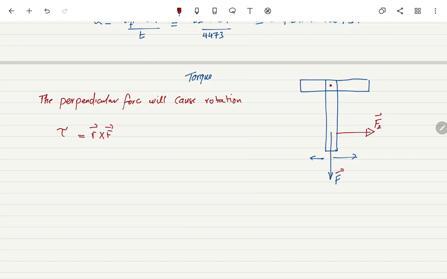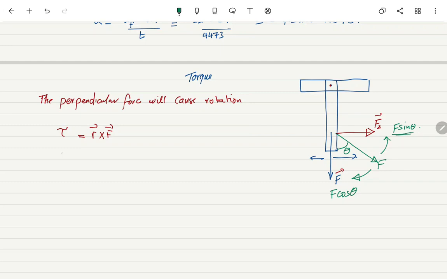If a force, the green one, F, is applied on the rod here, only the perpendicular component will exert a torque. If this is theta here, we have two components of the force: F cosine theta, which is the parallel direction of the force, and F sine theta, which is the perpendicular one. And only this component creates the torque.